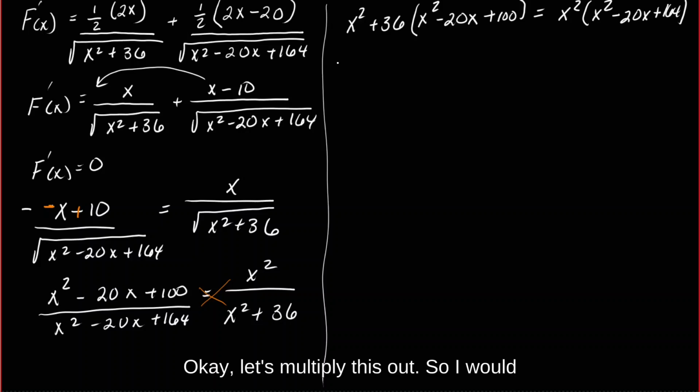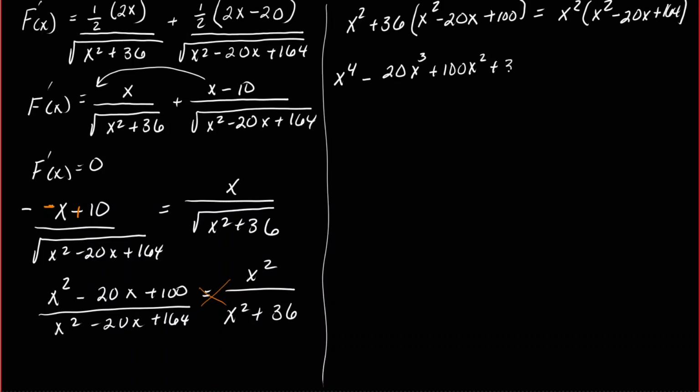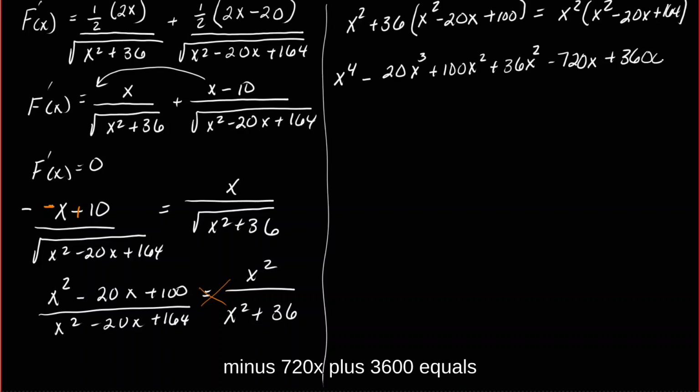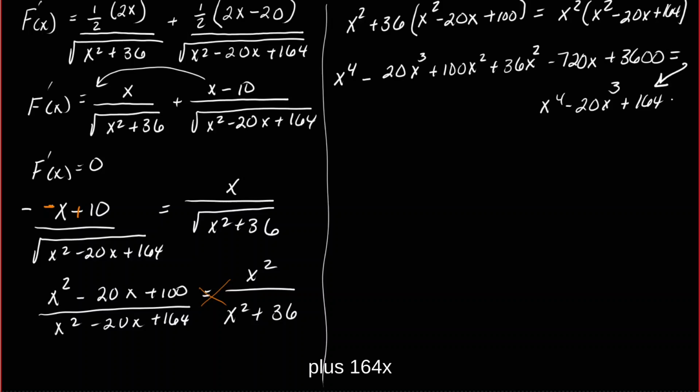Let's multiply this out. So I would get x to the fourth minus 20x to the third plus 100x squared plus 36x squared minus 720x plus 3600 equals x to the fourth minus 20x to the third plus 164x squared.